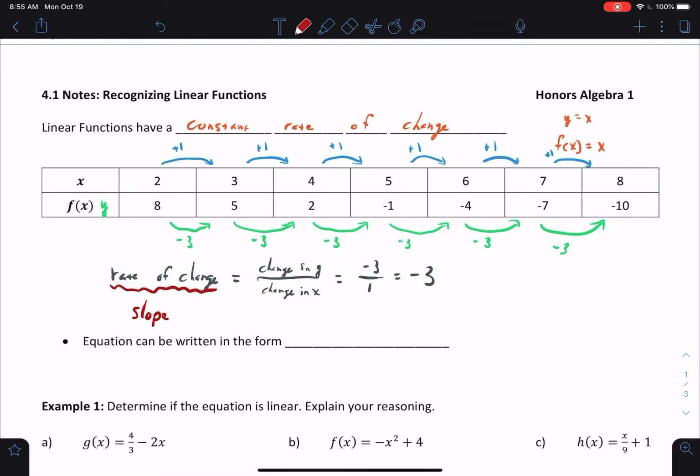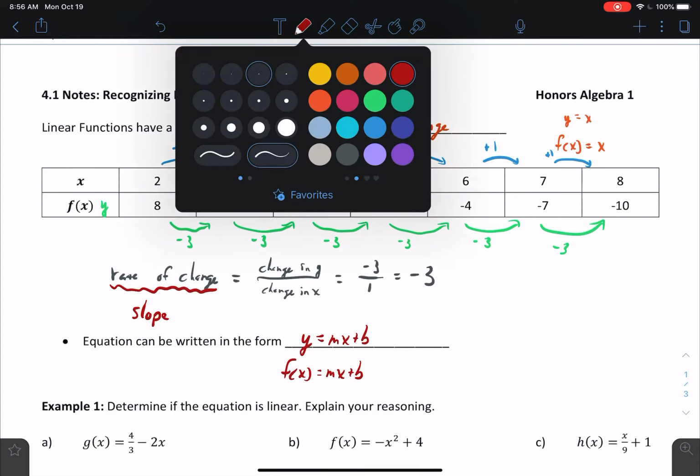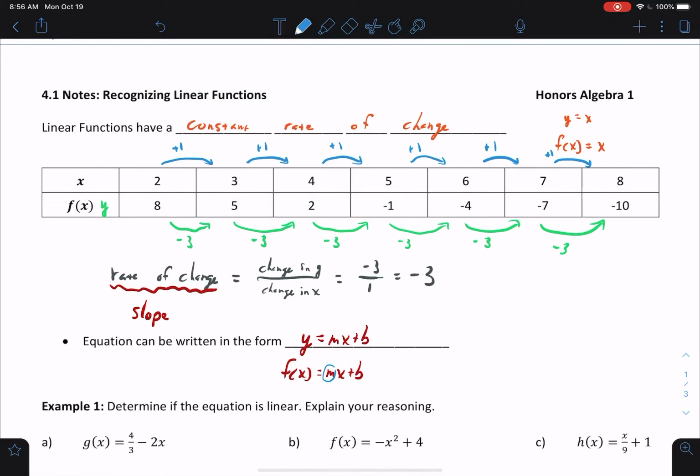Linear functions can be written in the form of y equals mx plus b, or f of x equals mx plus b. The m represents the slope, or the change in y over change in x. That triangle symbol is delta, which means change in.